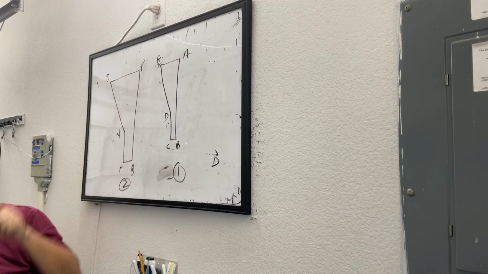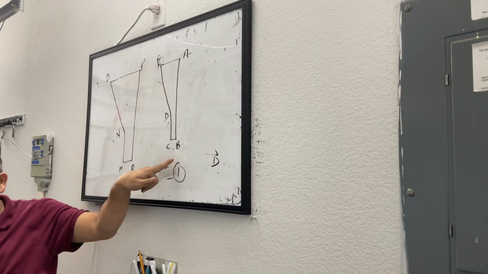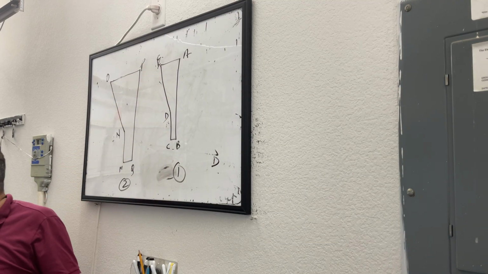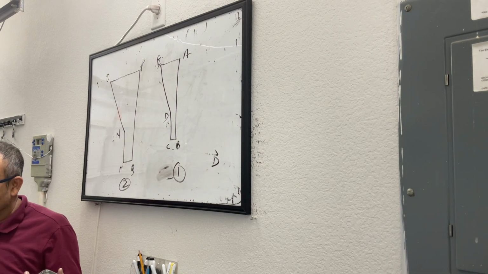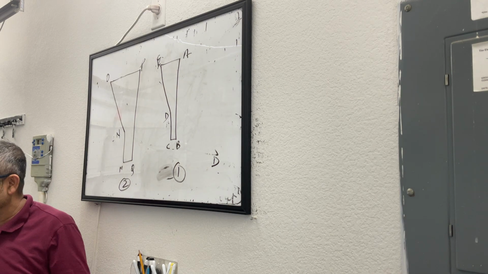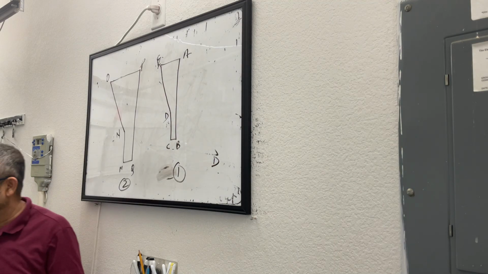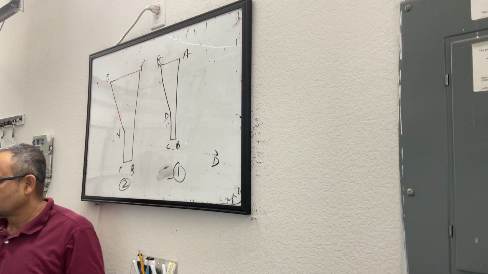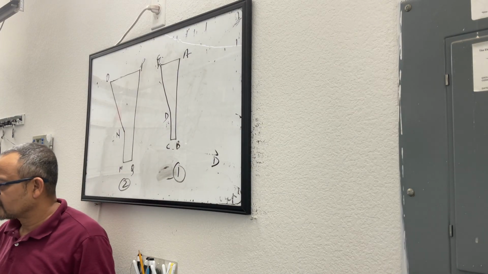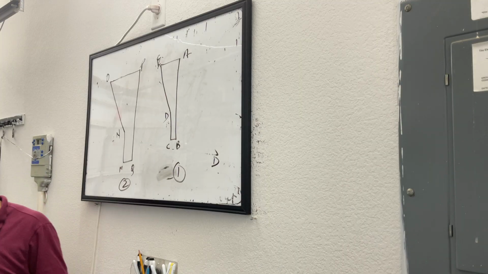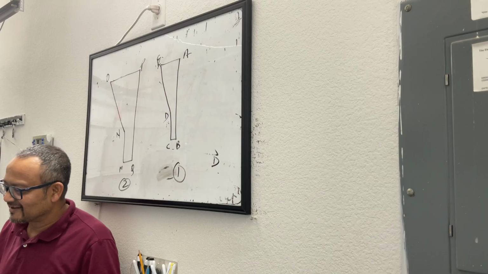Kian, what did you get? The corresponding one for AB is P and Q, I believe. It's the one right next to M. PQ. Okay, PQ.